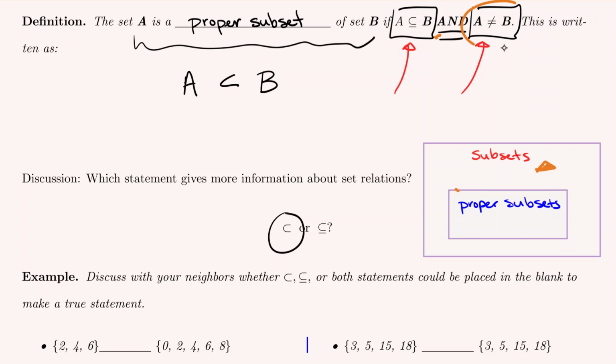But since they have this additional criteria of not being equal, proper subsets are a refinement on the idea of subset. So it is true that every proper subset is a subset. However, there are subsets that are not proper subsets. So that's how we're going to think about which statement is a stronger statement. Proper subset is stronger because it includes extra information that they're subsets and not equal.